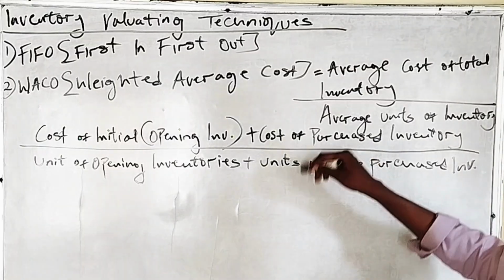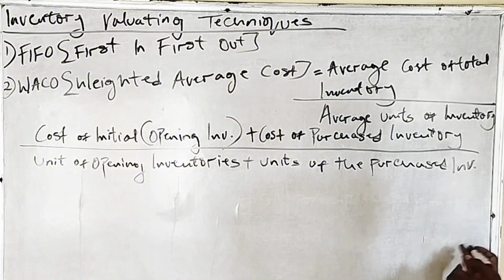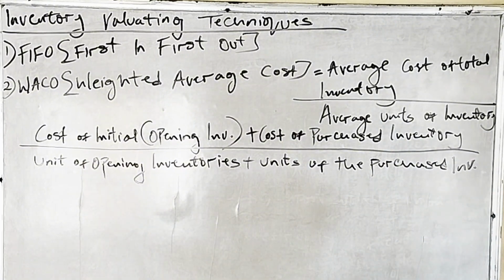So the division of this gives us the weighted average cost with which our inventory will be issued out.